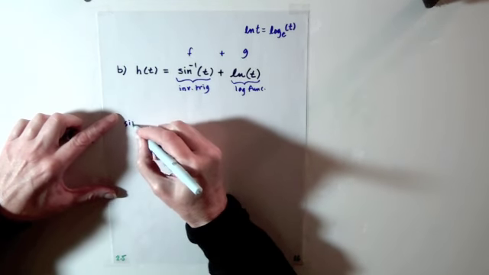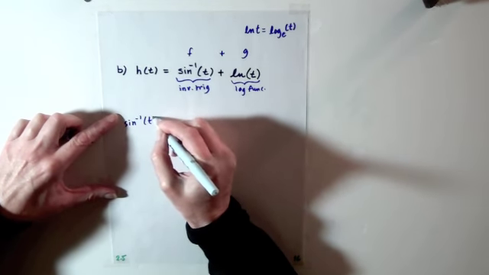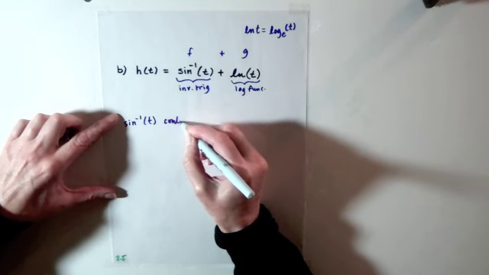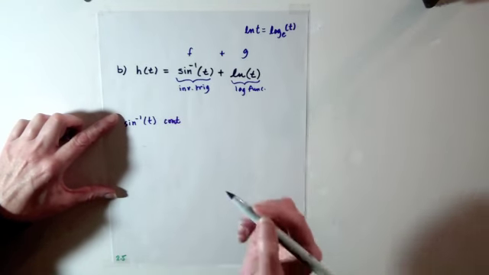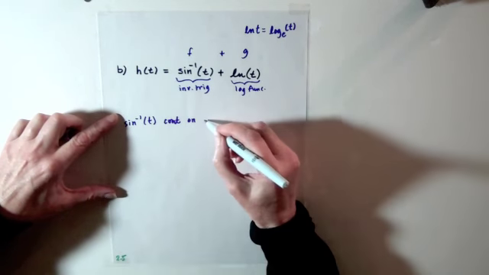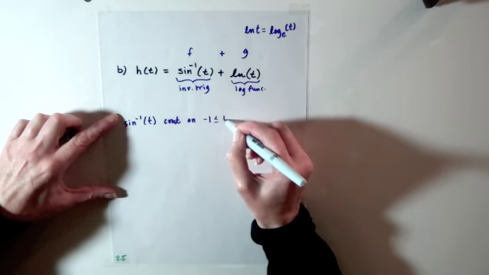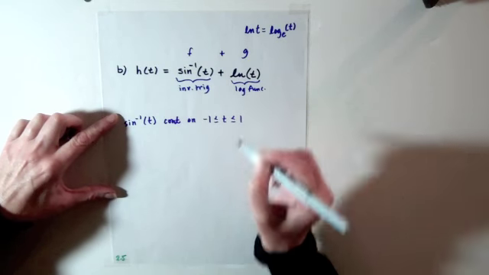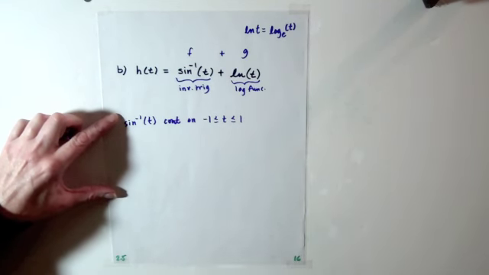So if I think about the inverse sine of t, it will be continuous everywhere on its domain. Well, what's the domain of the inverse sine function? We said the domain of the inverse sine function is all t values between -1 and 1. It's the same as the range of the sine of t function, the original sine function.